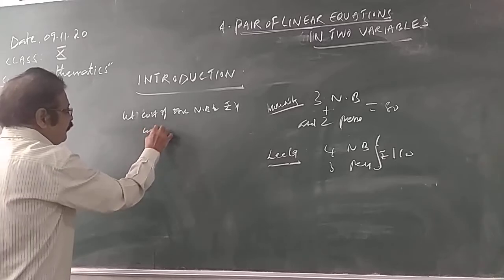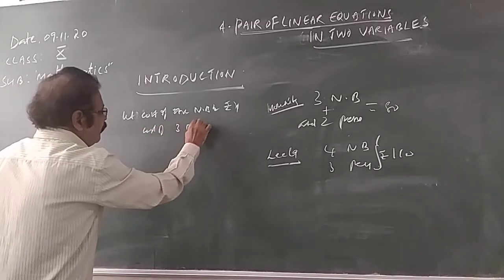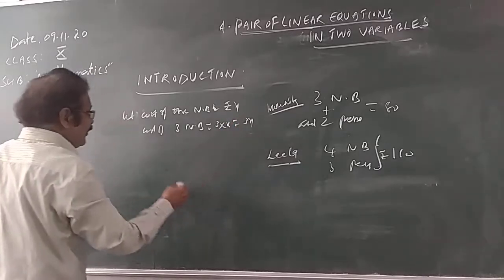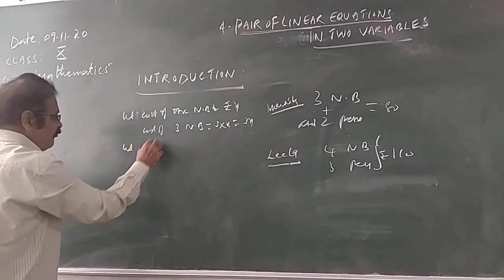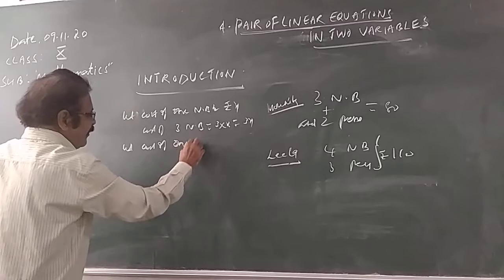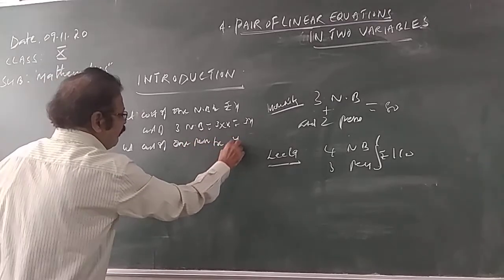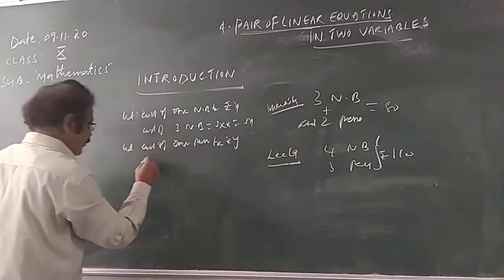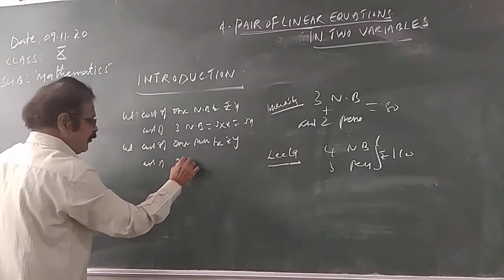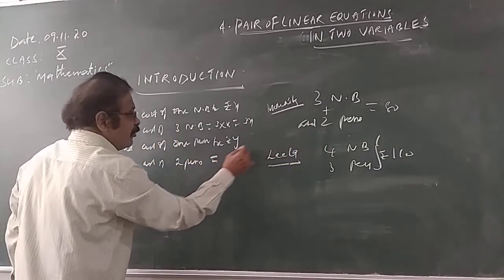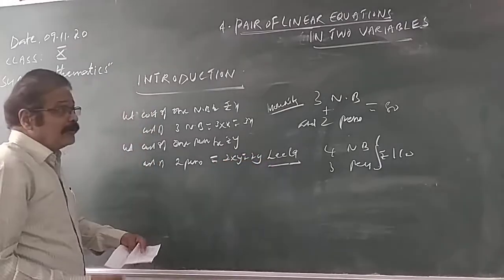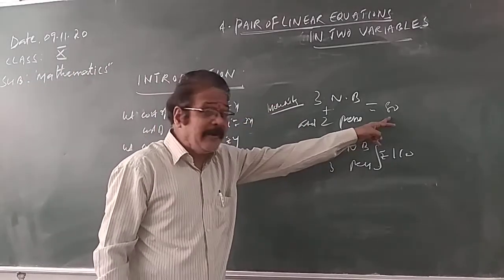So the cost of 3 notebooks is 3 into x, 3x. Let the cost of 1 pen be y rupees. How many pens did she buy? 2 pens. The cost of 2 pens is 2 into y, 2y. So for 3 notebooks and 2 pens together she paid 80 rupees.